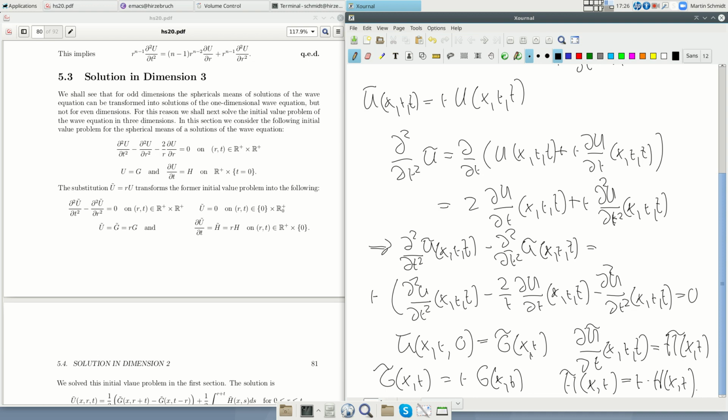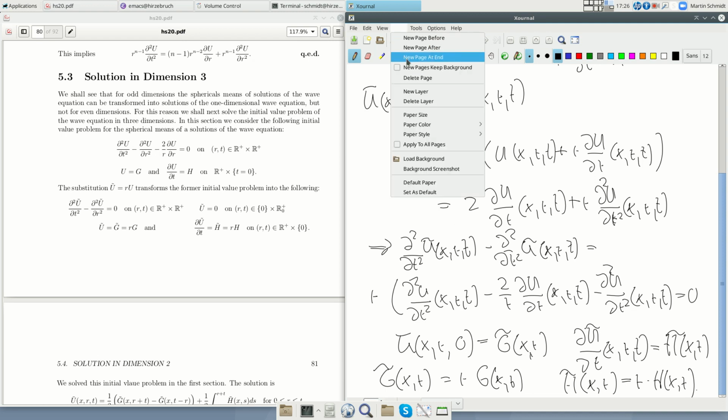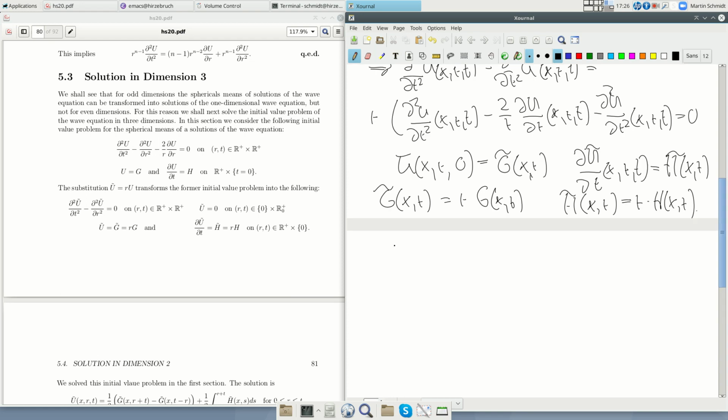In addition, since we have multiplied with r, u tilde of x, 0, t is 0 by this extra factor r, for all x and t.